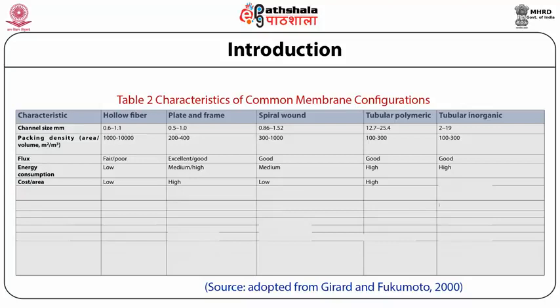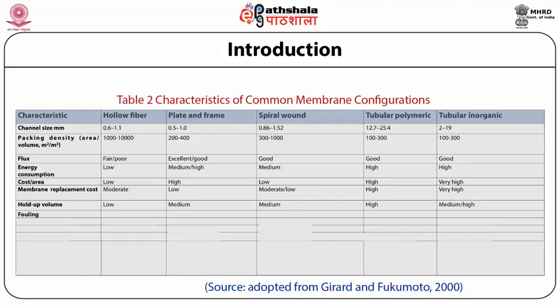But if we use mineral membranes, then the cost will be very high. Membrane replacement cost is moderate in hollow fiber, low in plate and frame, low in spiral wound, and tubular has very high membrane replacement cost. Holdup volume is very low for hollow fiber, medium for plate and frame and spiral wound modules, and high for the tubular membrane module.